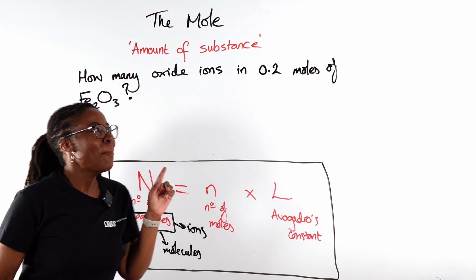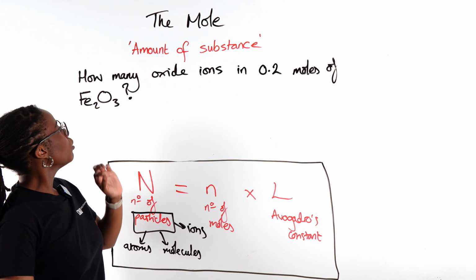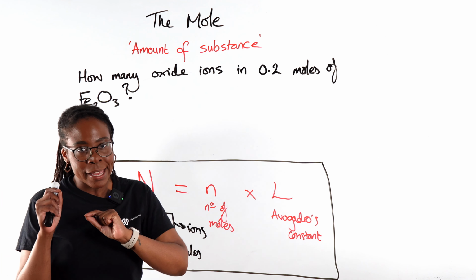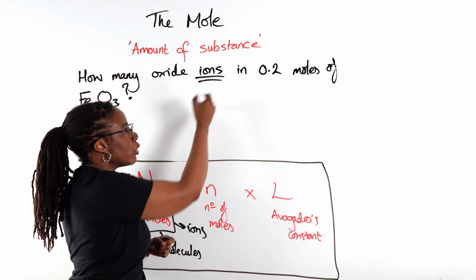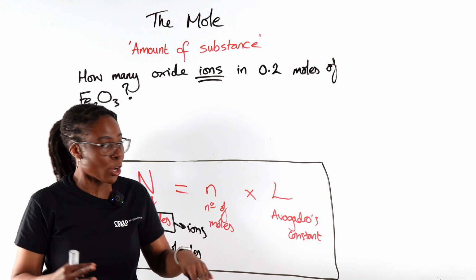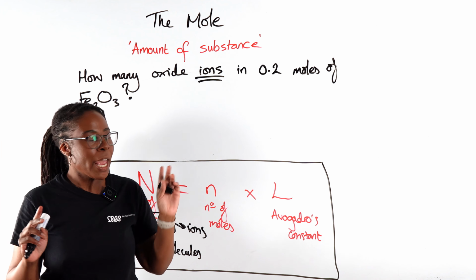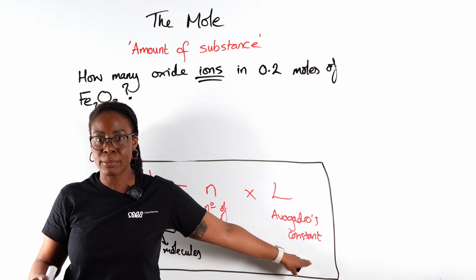Okay, one more example. How many oxide ions in 0.2 moles of iron(III) oxide? Again, the first thing that we should spot is, because they've used specifically the word ions, which is a type of particle, we know that we're going to need a ridiculous Avogadro's constant related number. And we know that we're going to calculate the number of particles as the number of moles times that.